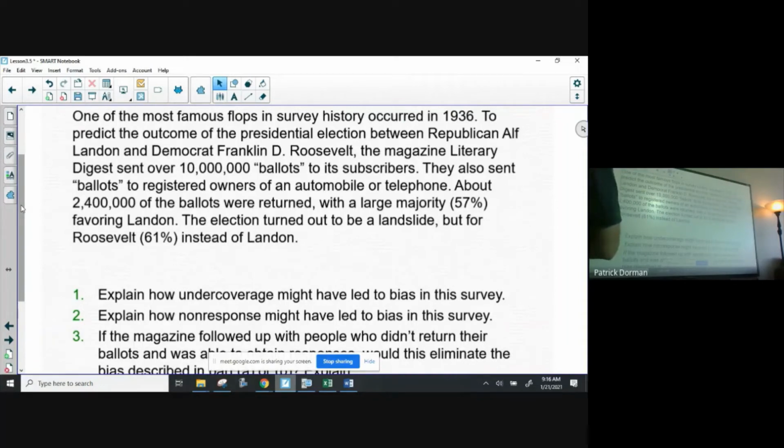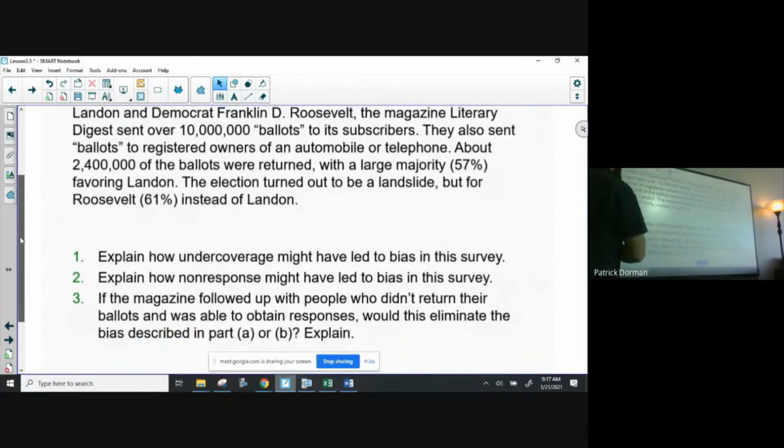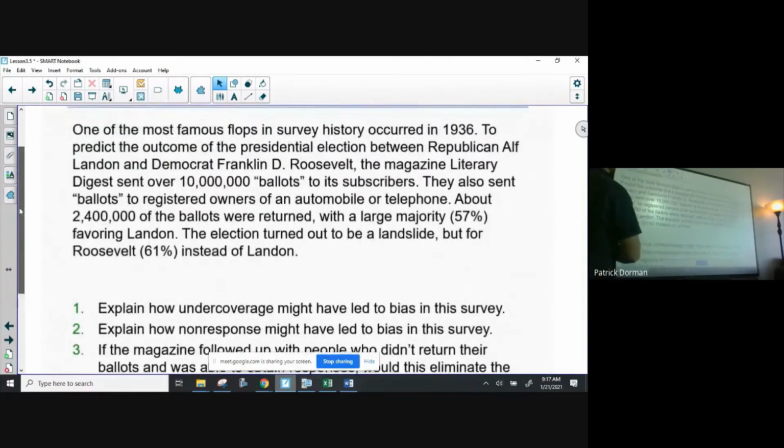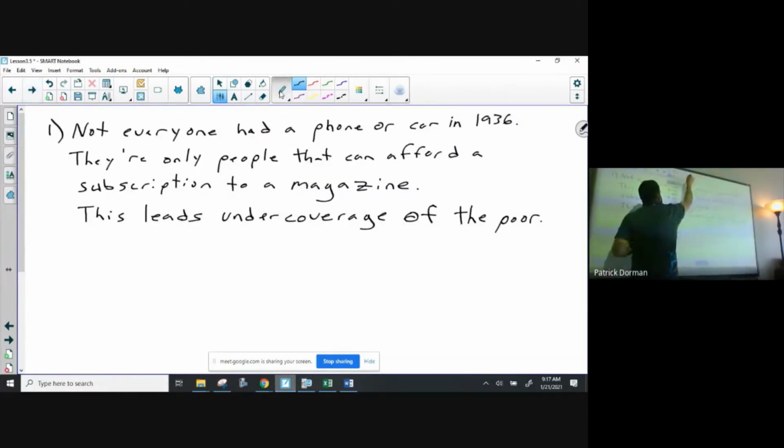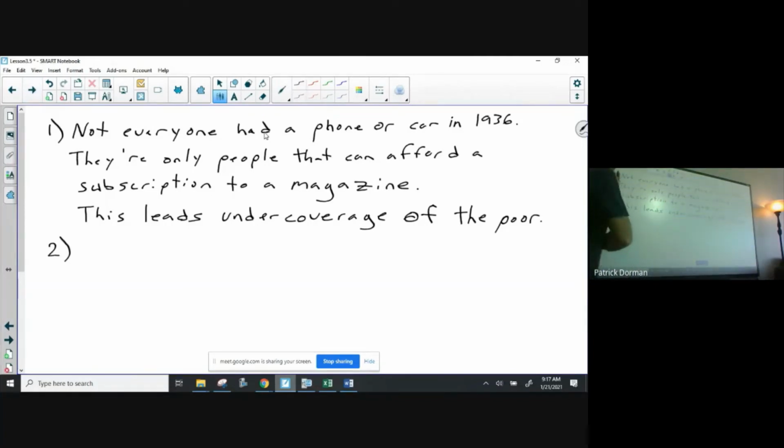So, it might be the case that people didn't have the time to fill out some fake ballot and mail it back, right?